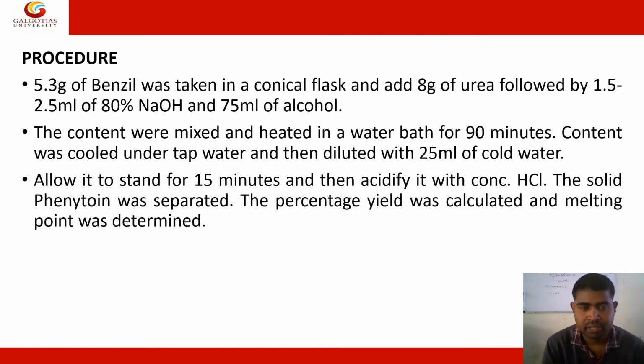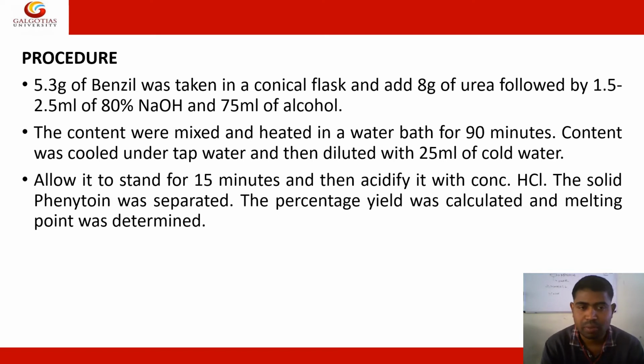So let's discuss the process of phenytoin synthesis. In the first step, you have to take 5.3 gram of benzil in a conical flask and add 8 gram of urea, followed by 15 ml of 30% sodium hydroxide solution and 75 ml of alcohol. So add all these chemicals in a conical flask for reflux and dissolve them properly.